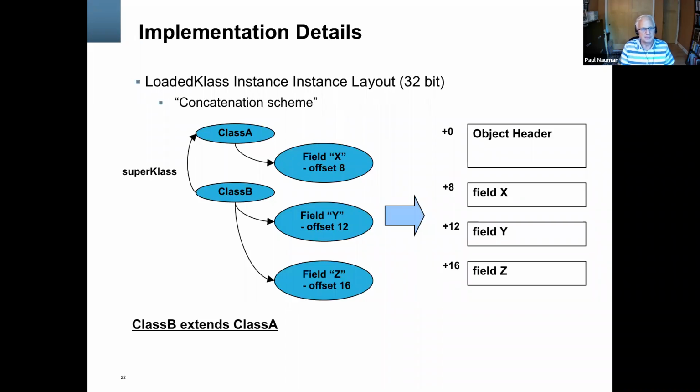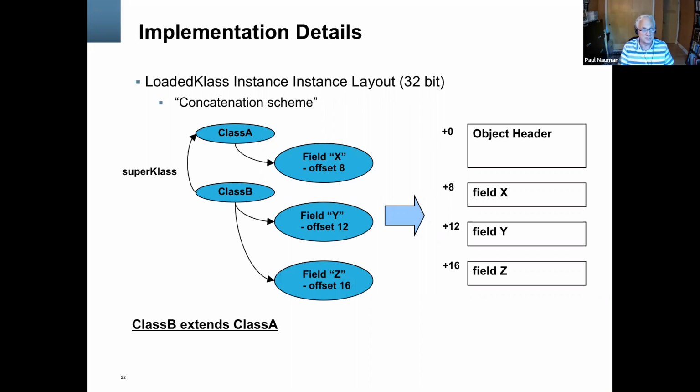Well, as you might expect, they put these together in a scheme which is called concatenation, which basically means that field X, the one defined by Class A, is always at a fixed offset from the beginning of an object. So whether an instance is of Class B or Class A, field X will always be at the same location.